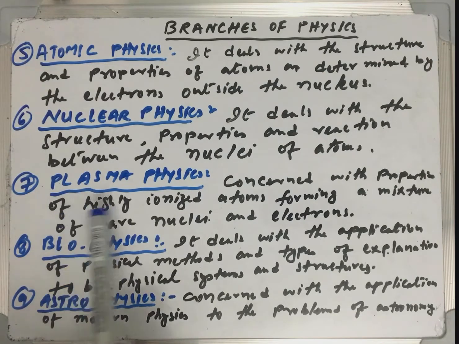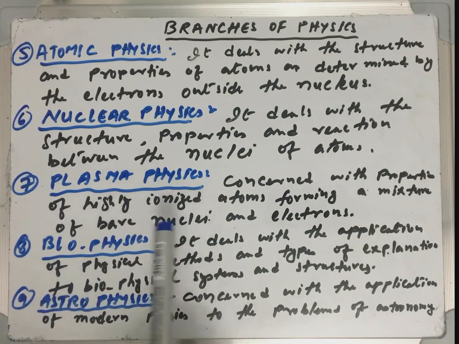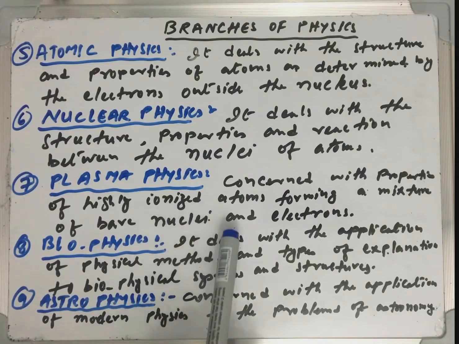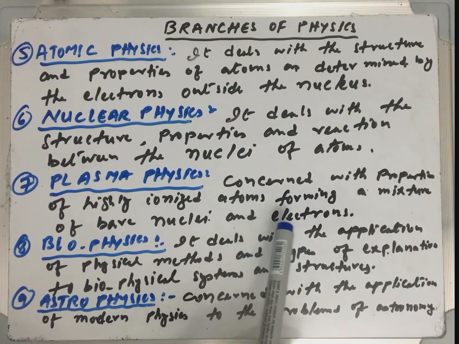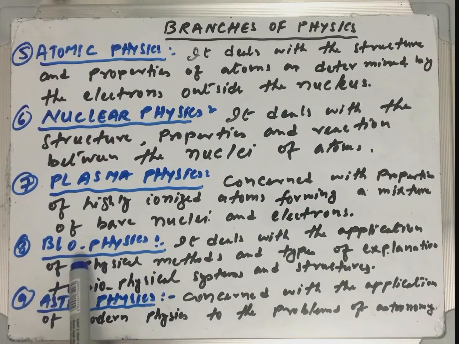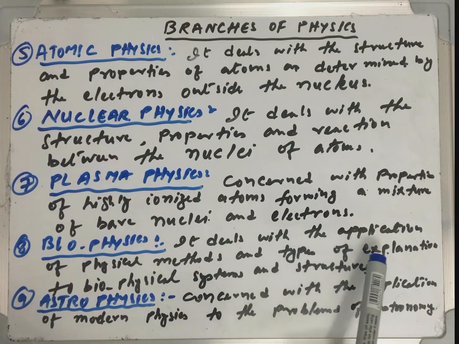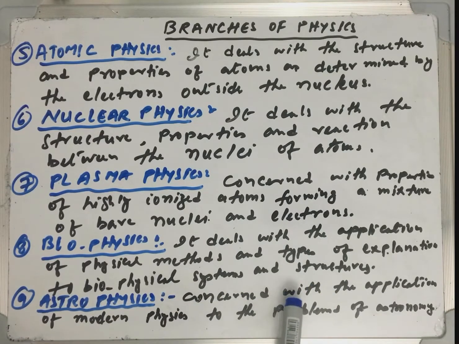Then plasma physics. Plasma physics is concerned with the properties of highly ionized atoms forming a mixture of bare nuclei and electrons. Biophysics deals with the applications of physical methods and types of explanations to biophysical systems and structures.